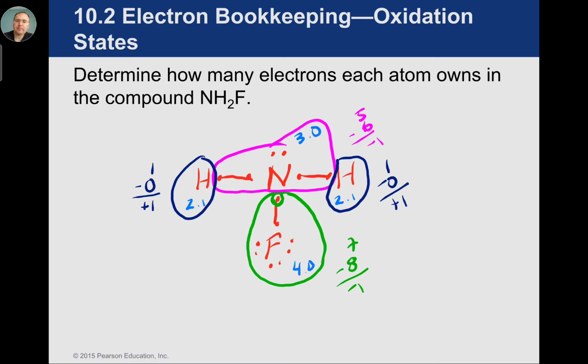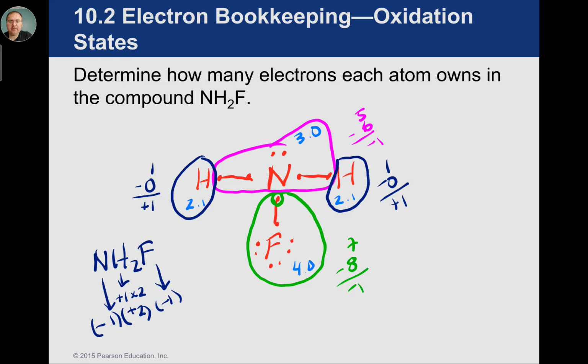So if we add all those together, notice in the formula NH2F, we have hydrogens at positive 1, so that's a positive 1 times 2, so that's a plus 2 total. We have nitrogen as a negative 1, and we have fluorine as a negative 1, as we always expect it to be.